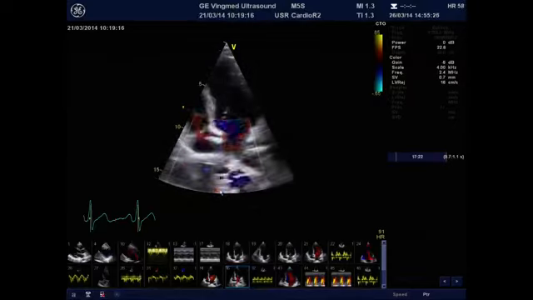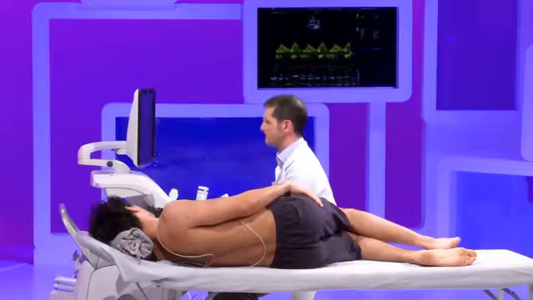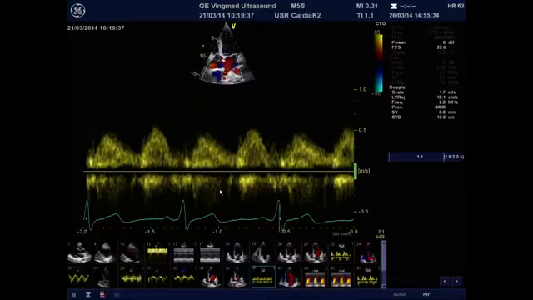Then you need to place a sample volume of pulsed wave inside the pulmonary vein, as I'm showing you here. And this has to be well within the pulmonary vein, at least 5 millimeters from the junction of the vein with the left atrium.